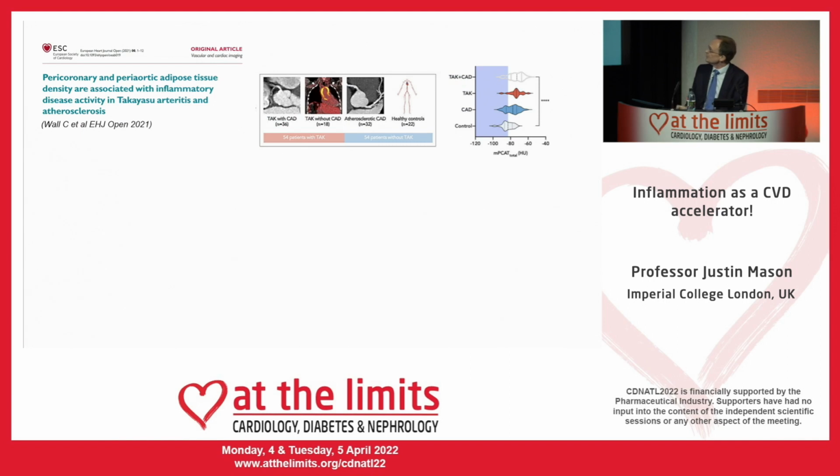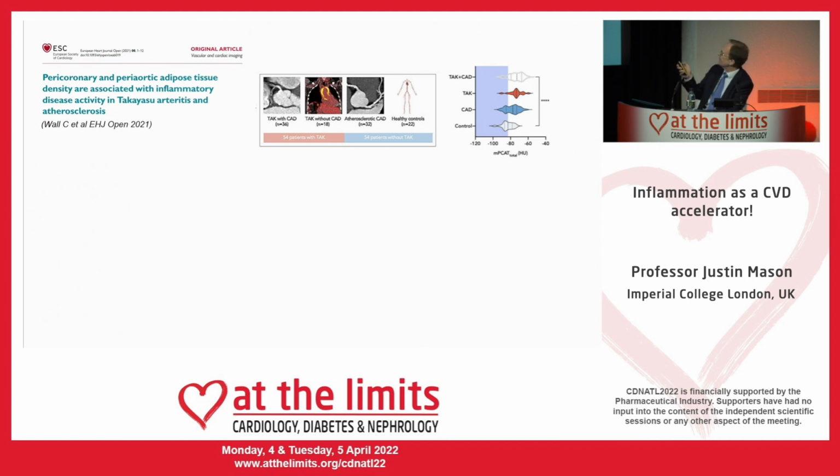Now, with the Cambridge group, we looked at some of these patients and we compared Takayasu arteritis with primary atherosclerosis using perivascular fat analysis on the coronary CTA. We looked at 36 with Takayasu's with coronary artery disease, 18 without coronary artery disease, and a group of atherosclerosis patients and healthy controls.